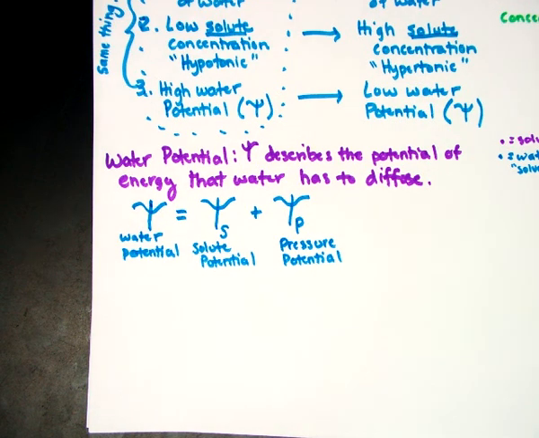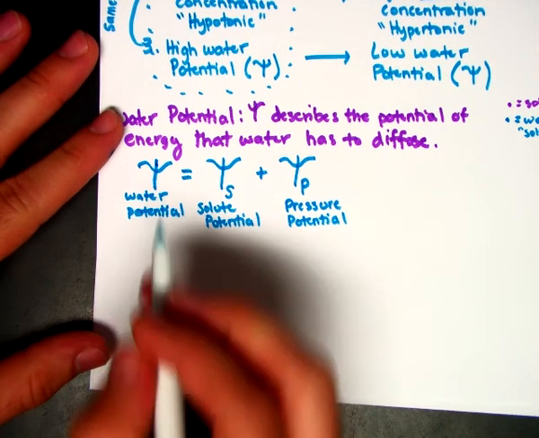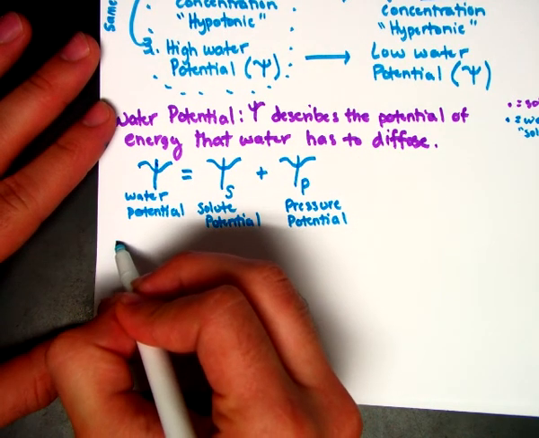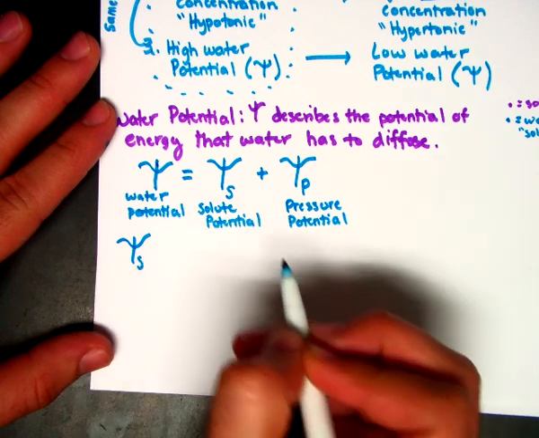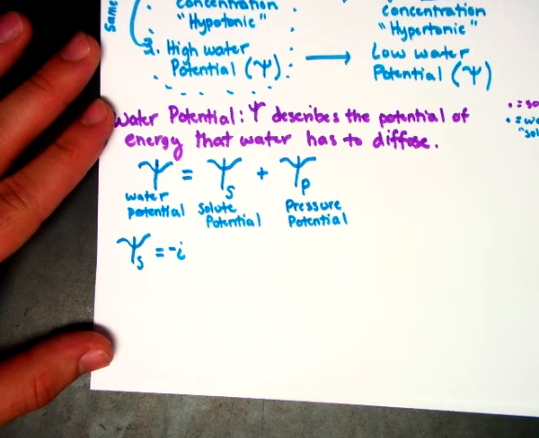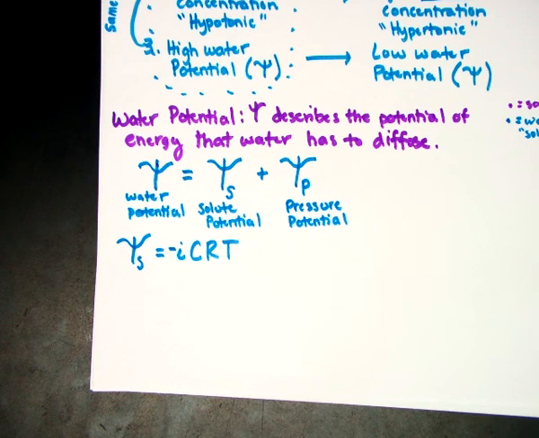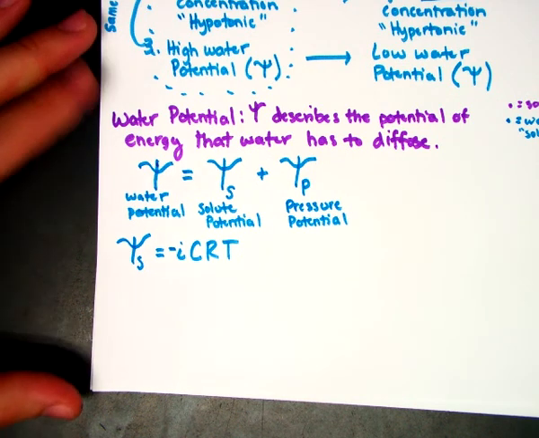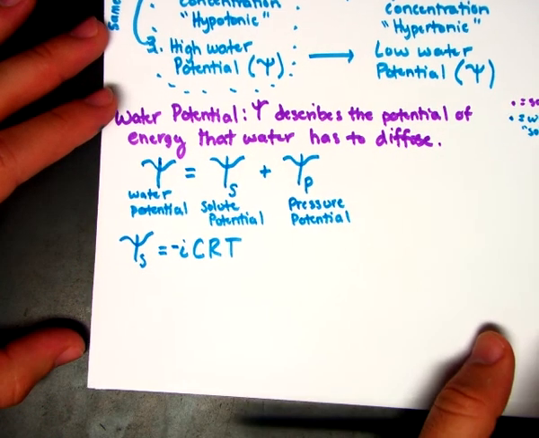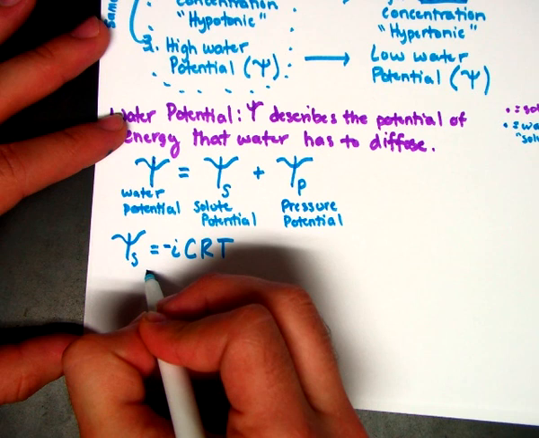So the equation that we're going to use mainly has to do with psi S. Psi S is equal to negative iCRT.